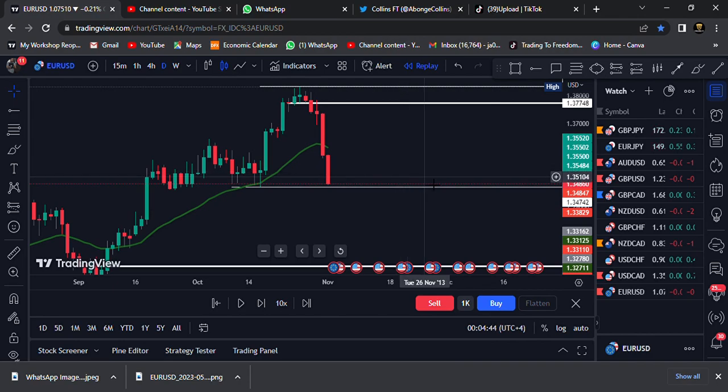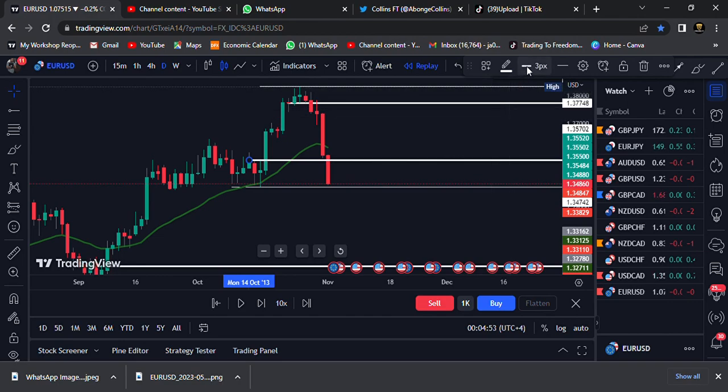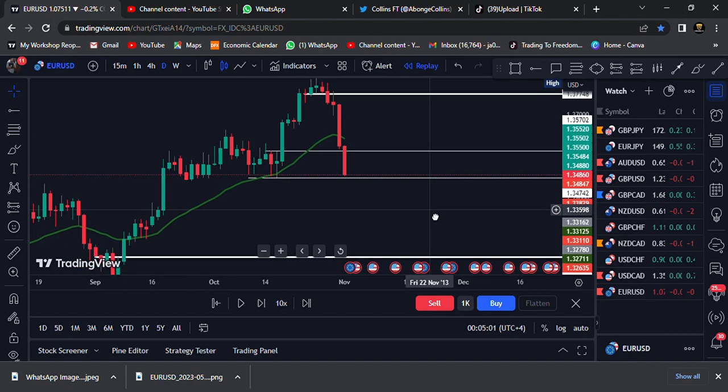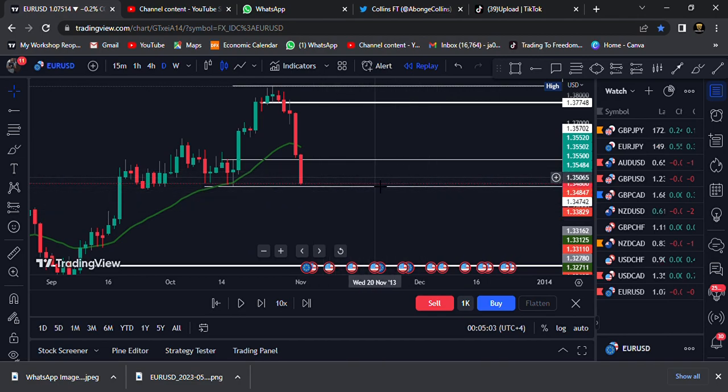So right now, if we are to buy, we are buying above this level, and if by then price is above this moving average, it will be good to buy. But right inside here, we are doing nothing.